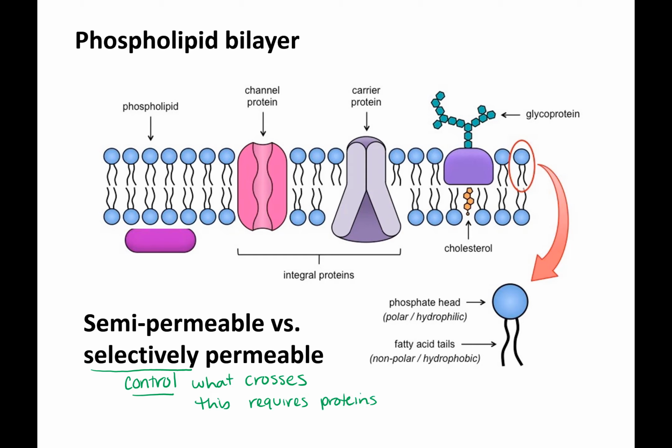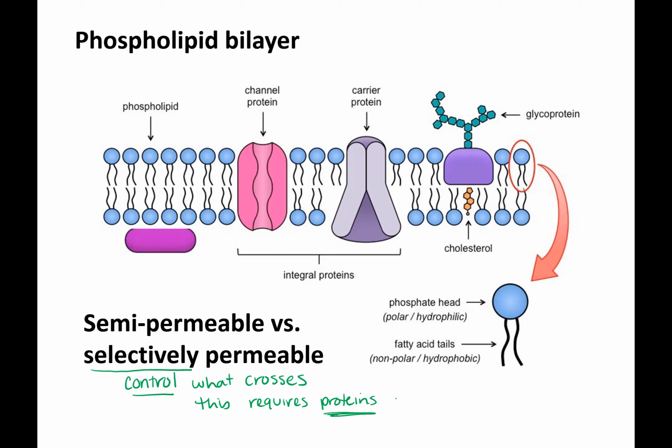So while semi-permeable allowed things just to cross between those phospholipid molecules, selectively permeable means something that controls. You have to have a mechanism to control, and those are proteins.